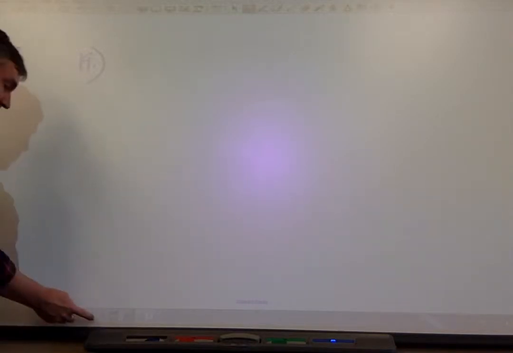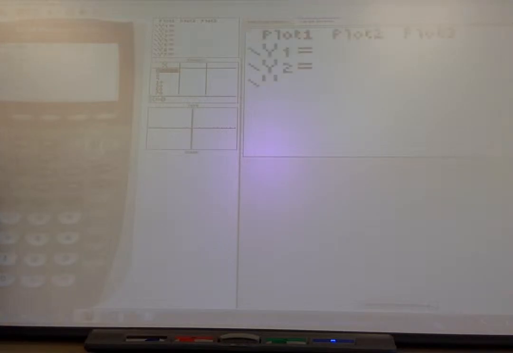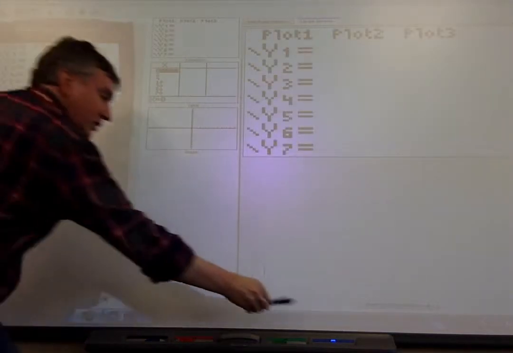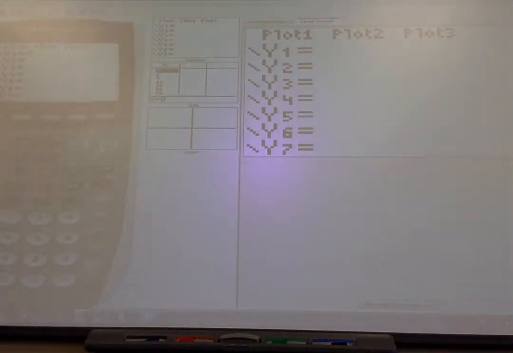If I were to graph that on the calculator, let me show you what would happen. The only part I wouldn't be able to graph is the middle piece, which is when if x is 1, y is 0, so I'll just have to point out that point.